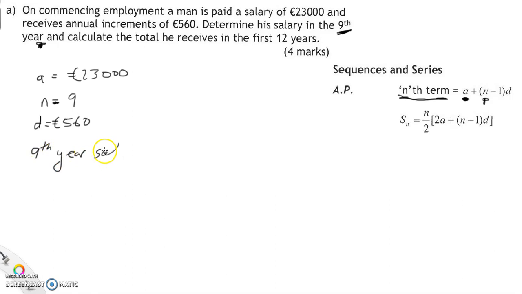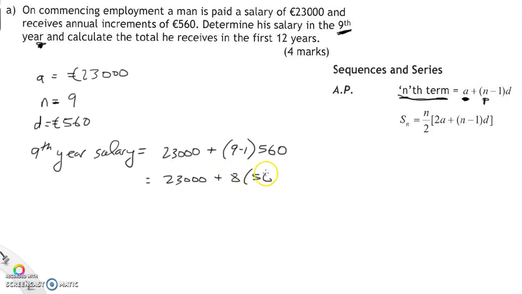So the 9th year salary is going to be 23,000 plus n minus 1, 9 minus 1, multiplied by 560, which is 23,000 plus 8 times 560.